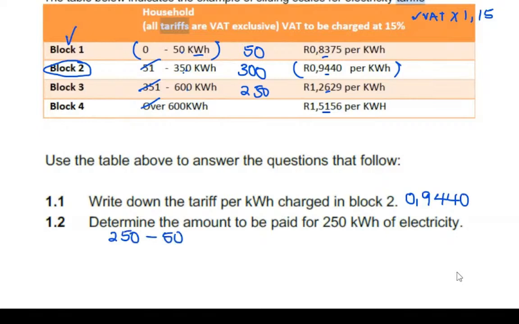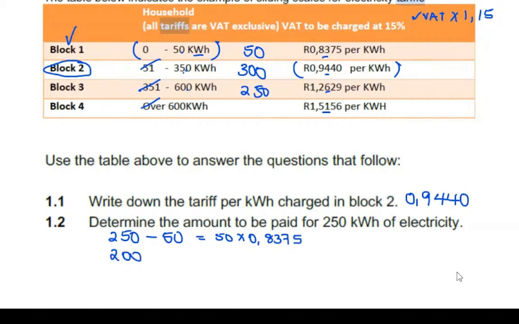Because electricity is in block 1, and that's where it starts from. Block 1 only caters for the first 50 units, and this is 250, meaning it has exceeded the first block. So you put the 50 that belong to block number 1 and multiply by the amount per unit. When you subtract these two, you remain with 200.